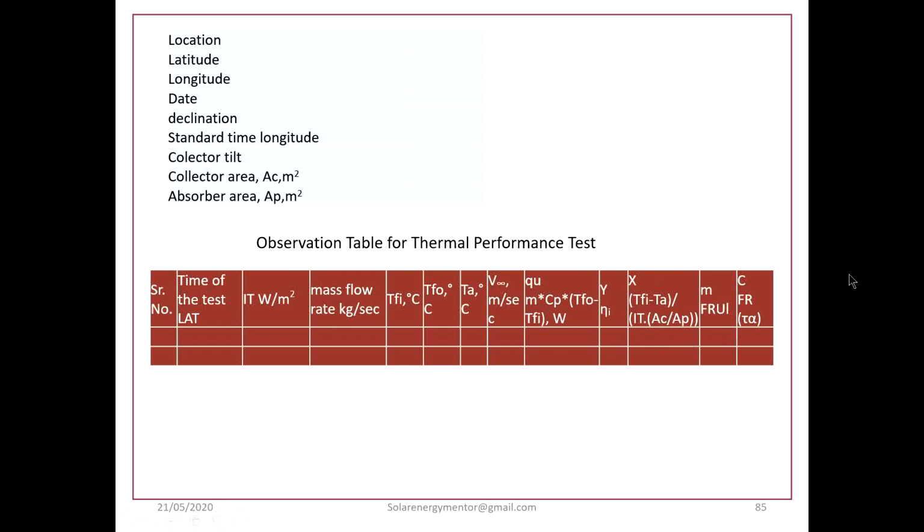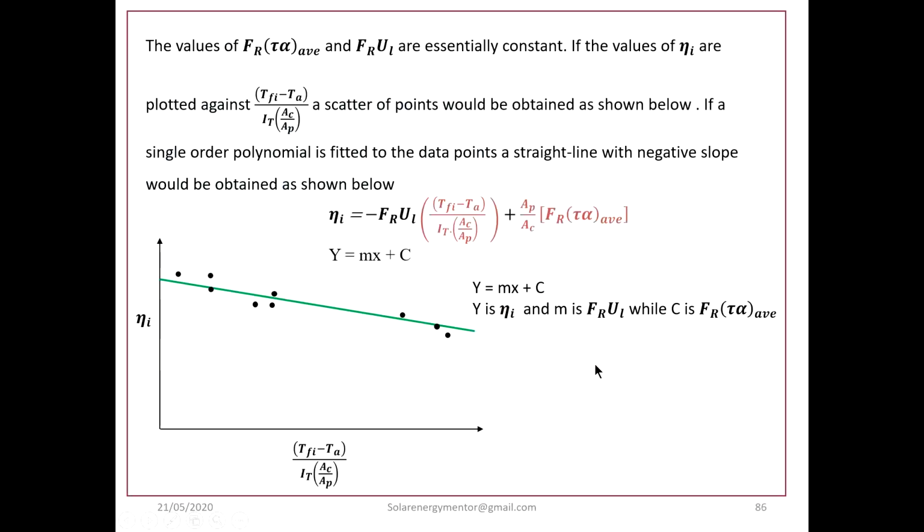Okay, and then the collector characteristics calculated for that session of the test, that is FRUL and FR tau alpha. Here the values of FR tau alpha average and FRUL are essentially constant.